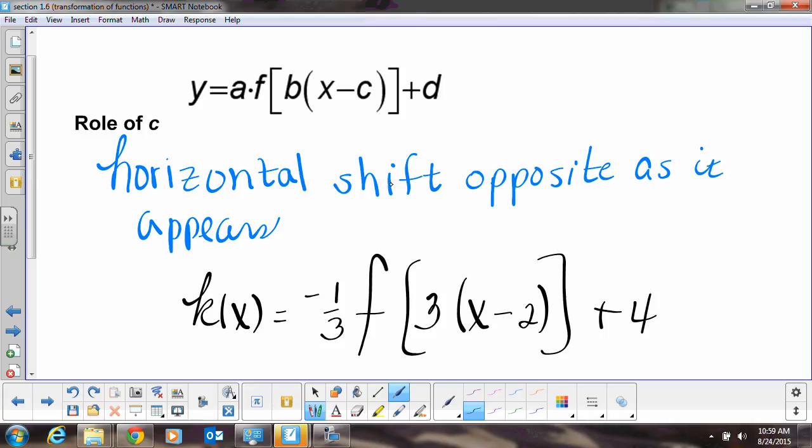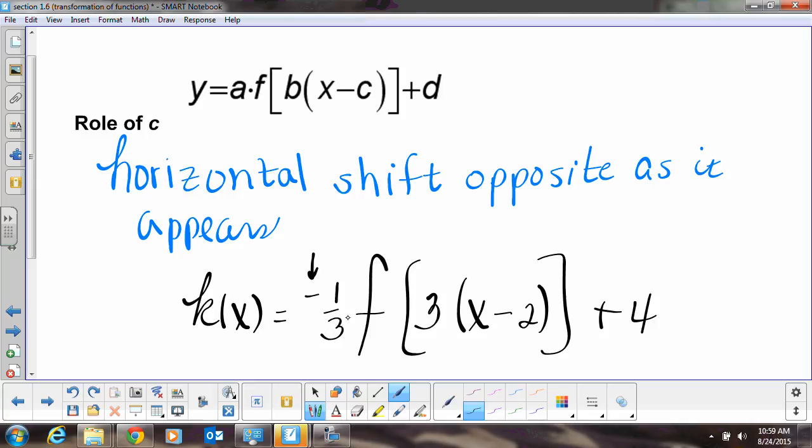All right, Kirsten, what does a negative do? Okay, we're out here. Perfect. Reflection over the x-axis. Lexi, what does a 1/3 do? Okay, that's the negative part.